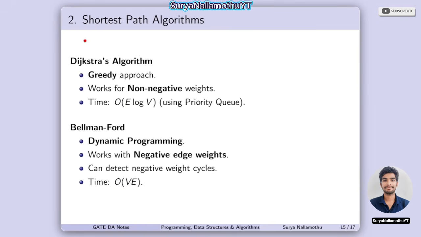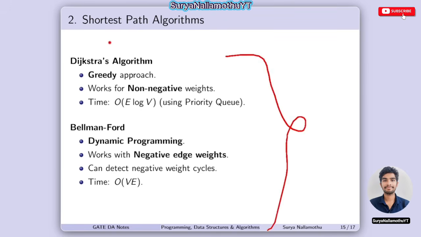Next, the shortest path algorithms. Dijkstra's algorithm follows the greedy approach and does not work on negative weights. Its time complexity using a priority queue is O(E log V). Bellman-Ford is used for dynamic programming.